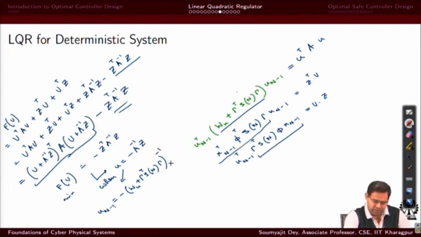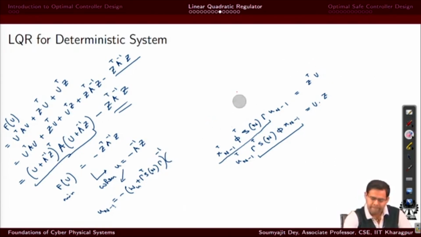So inverse of that times z, right? So what is z? So this is my definition of z here, right? So if I take it up, gamma transpose Sn phi. So in fact I don't need this bracket also here.